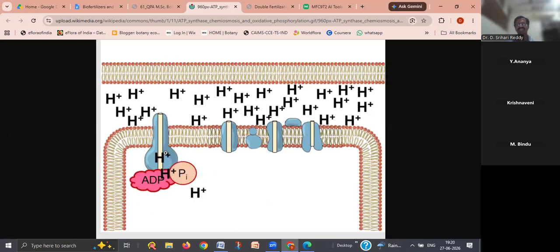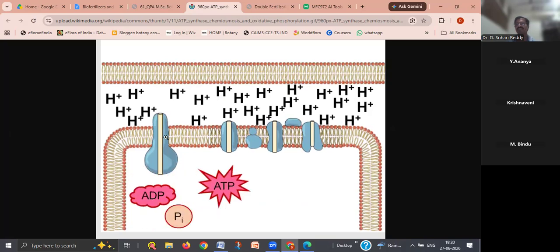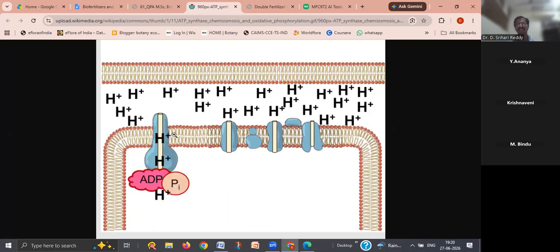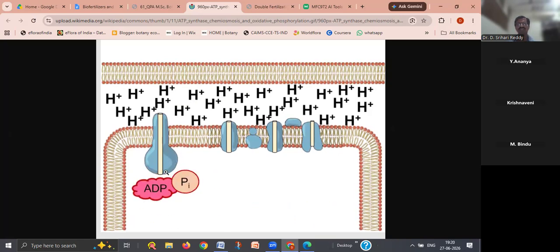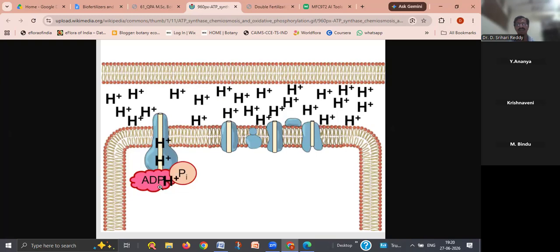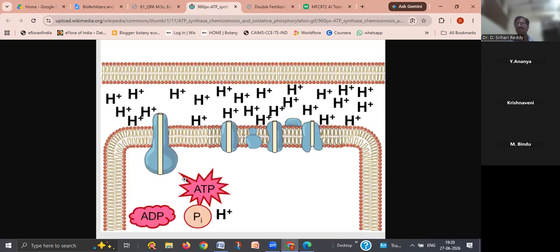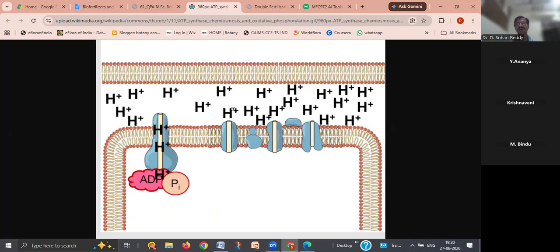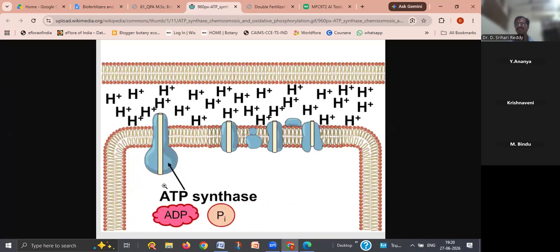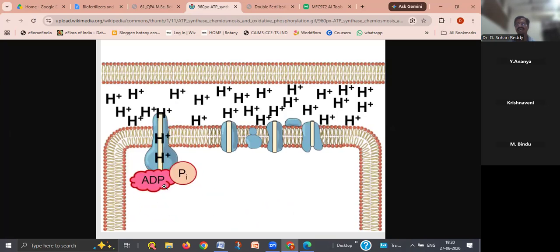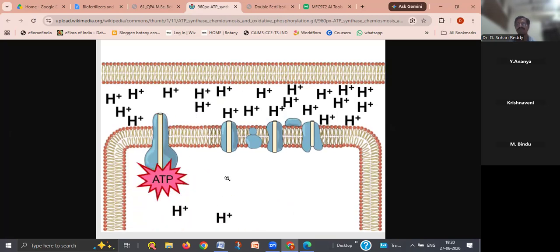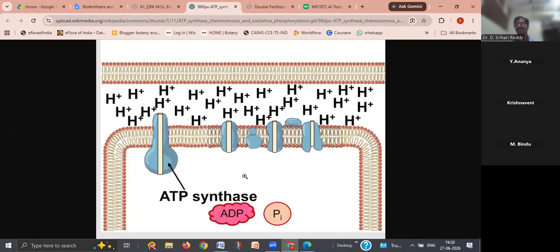ATP synthase is present in the inner membrane. This is the outer membrane and this is the inner membrane. It is useful in the synthesis of ATP from ADP plus inorganic phosphate, while hydrogen ions or protons are moving through the ATP synthase due to the gradient difference, that is called proton motive force. So this is the theory. Based on this, they proposed the chemiosmotic theory, chemiosmosis.